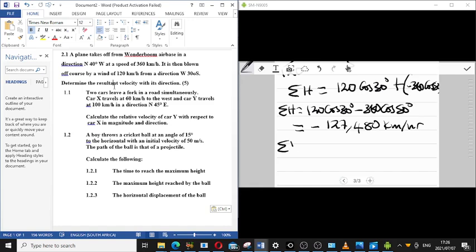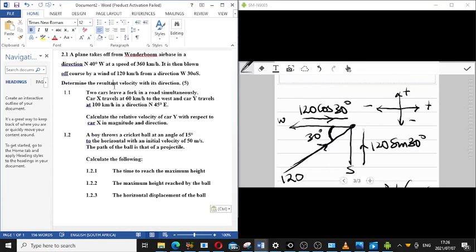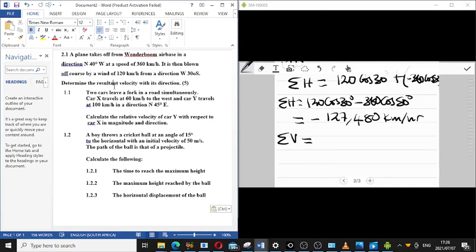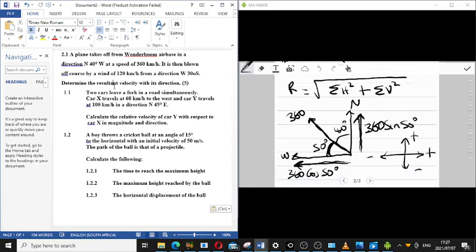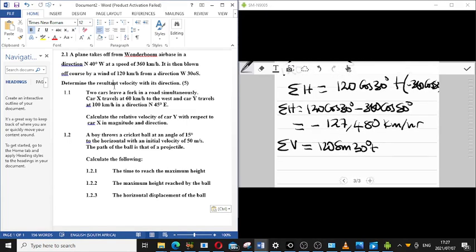Now let us go to the summation of vertical components. For the vertical component, if you can check, it's going up, which is positive. So it's 120 sine 30 degrees. Then if you can check this one, it's also positive, going up there, so we get plus again 360 sine 50 degrees.